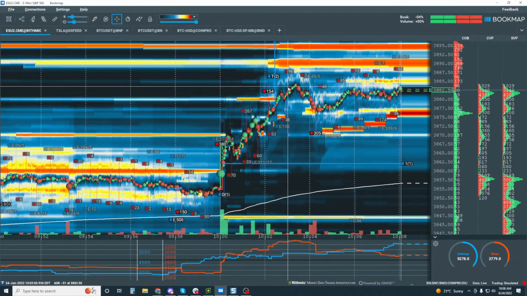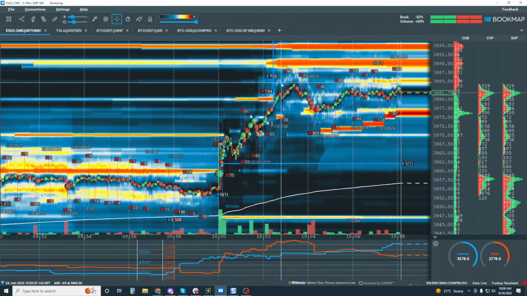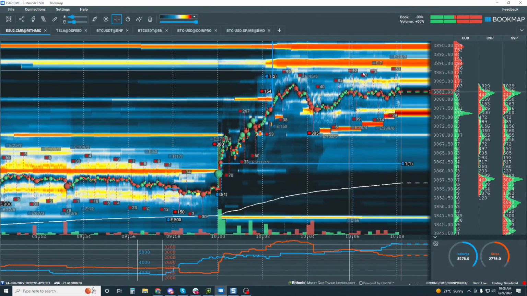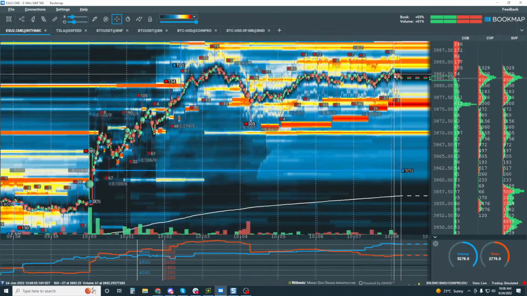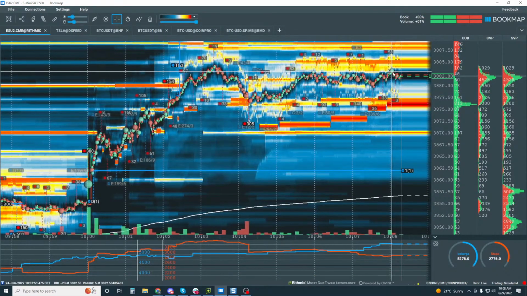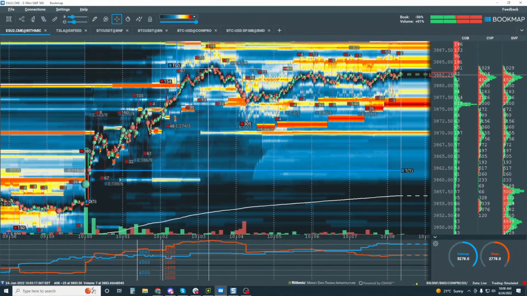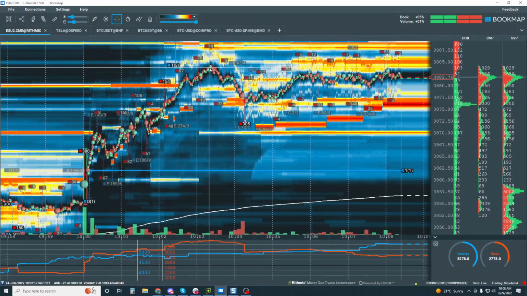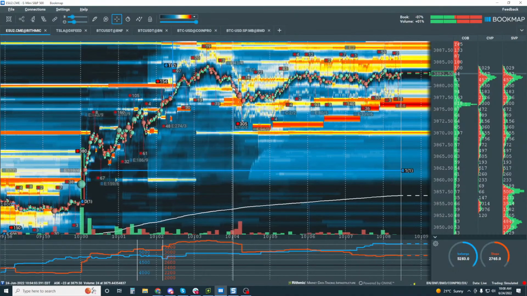Up here, we're looking for big green dots. We want to see buyers here pulling that market higher. At the moment, we're not getting that. Actually, right at this moment, we're starting to see a little bit right here, so maybe we'll get our continuation now. But this slowdown makes sense. Where are the buyers? In fact, we see red dots here, sellers.